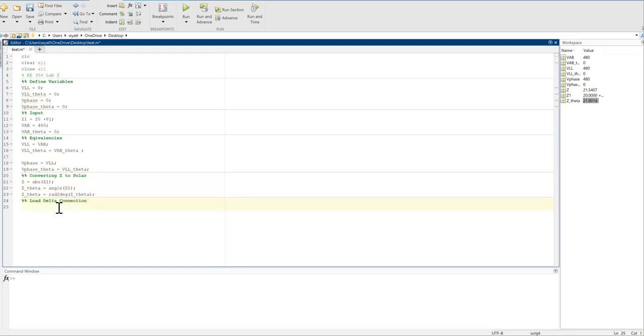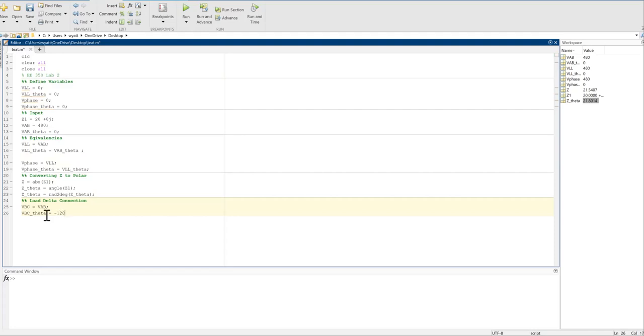So we are going to state that VBC is equal to VAB. This is a delta connection. So we know that the voltage VBC is equal to VAB. As stated before, VAB is going to be equal to 480 volts. Then we want to do VBC theta, the angle of our VBC, which is going to be equal to negative 120.